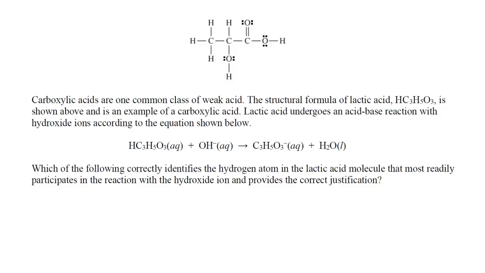Lactic acid undergoes an acid-base reaction with hydroxide ions according to the equation shown below. Which of the following correctly identifies the hydrogen atom in the lactic acid molecule that most readily participates in the reaction with the hydroxide ion and provides the correct justification?